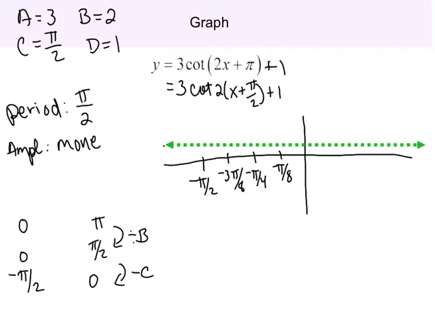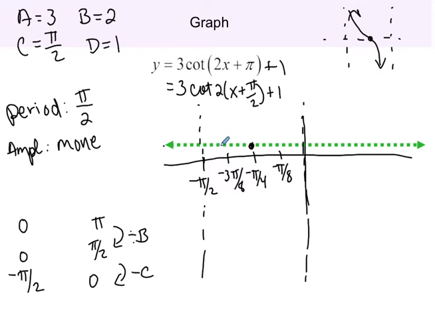Now, I know cotangent looks like this. So I'm going to follow that same pattern. I'm going to have a vertical asymptote here and a vertical asymptote here. And I know that I cross my transformed x-axis smack dab in the middle. It's going to go up on the left.